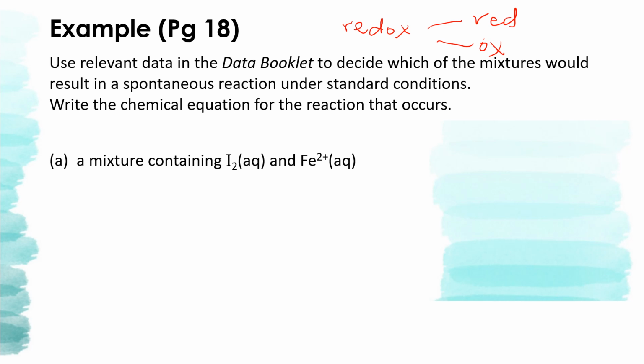That means reduction and oxidation have to occur in tandem at the same time. In tandem means they must occur together at the same time. So for I2 in water and Fe2+ in water, what we are assuming here is we need them to participate together in a redox reaction.